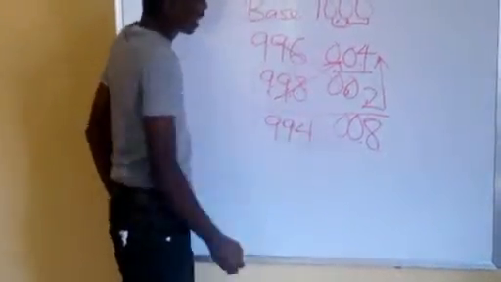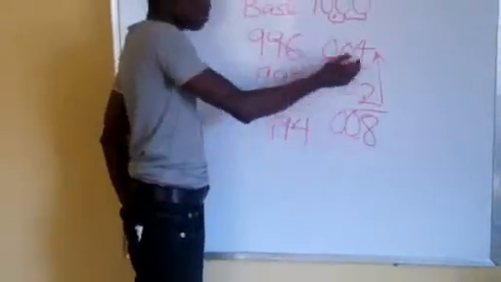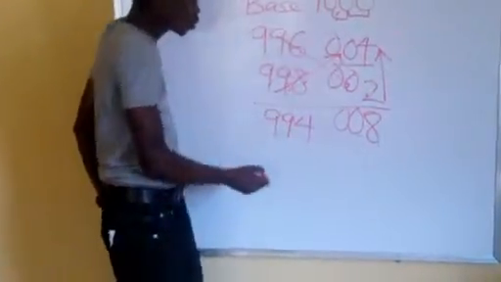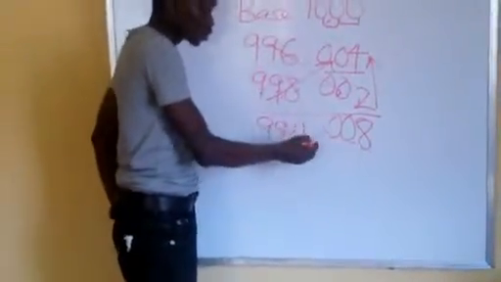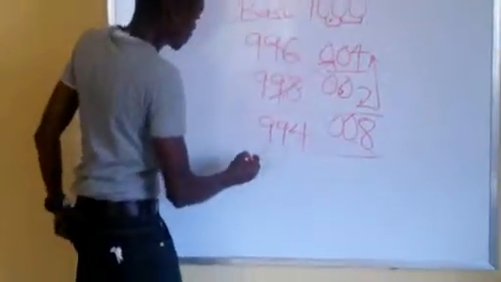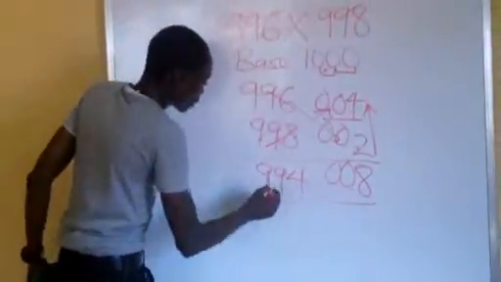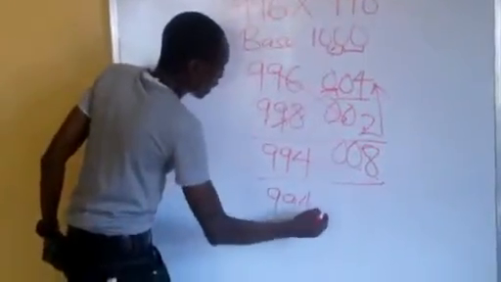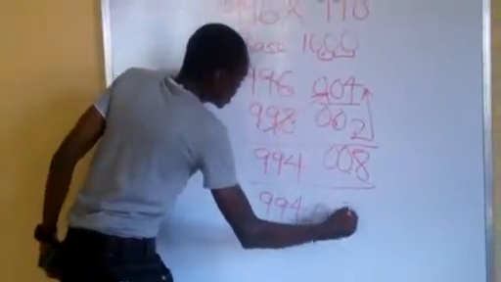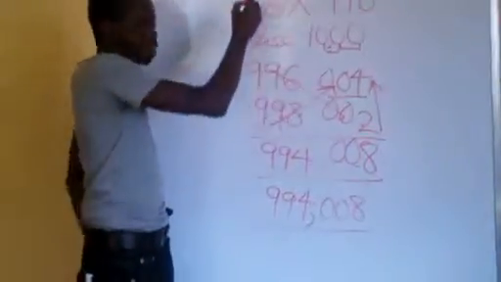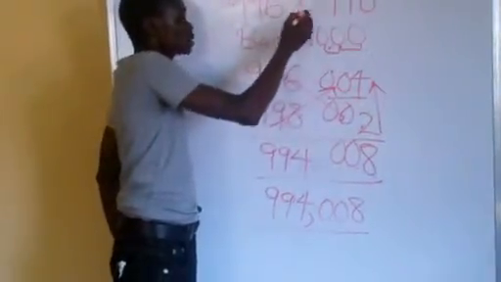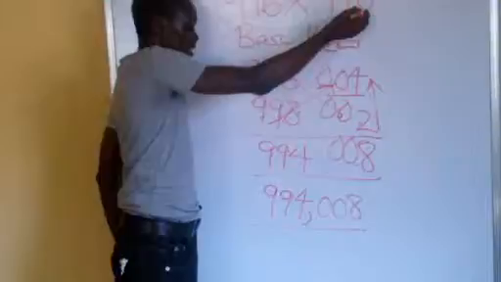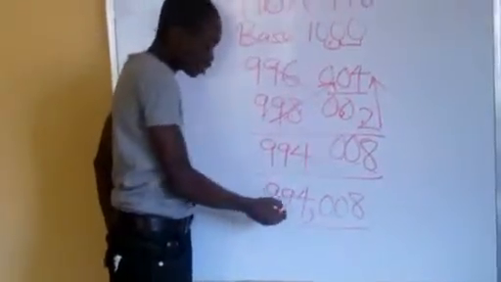At the same time, 998 minus 4 is also 994. So finally, our answer is 994,008. So 996 times 998 is equal to 994,008.